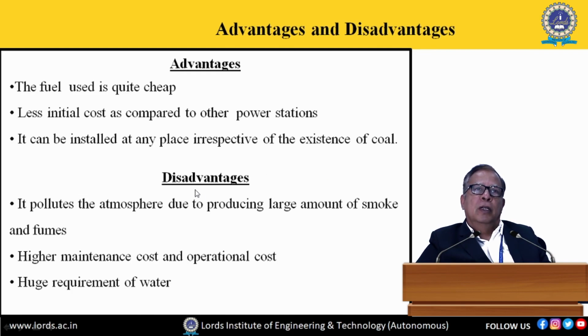Okay. Then what are the disadvantages? It pollutes the atmosphere due to producing a large amount of smoke and fumes. And finally, it has higher maintenance cost and operational cost. And the main thing is it requires a huge amount of water for condensing the steam into water. These are the advantages and disadvantages.